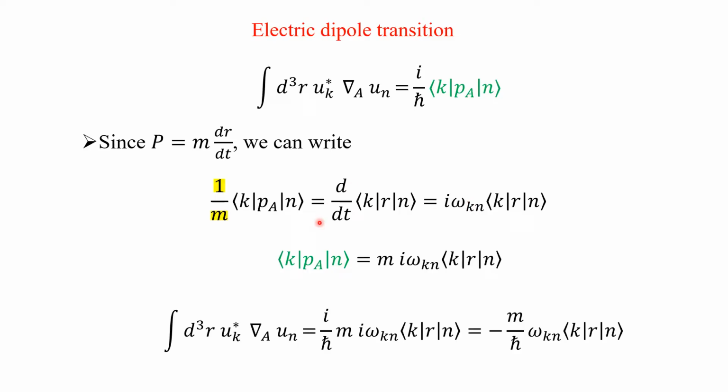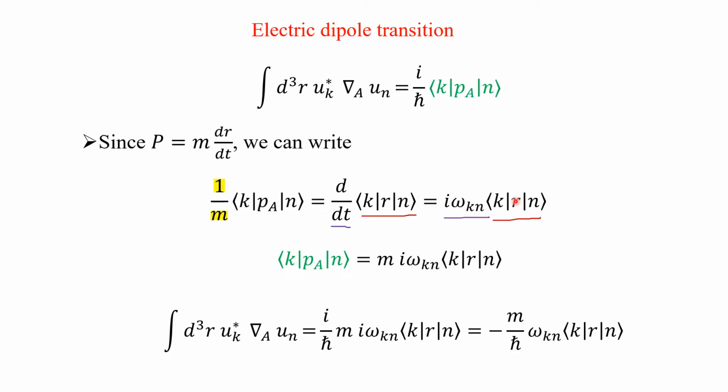If you differentiate d by dt, you get i omega_kn, and the term bra k r ket n is kept as it is.